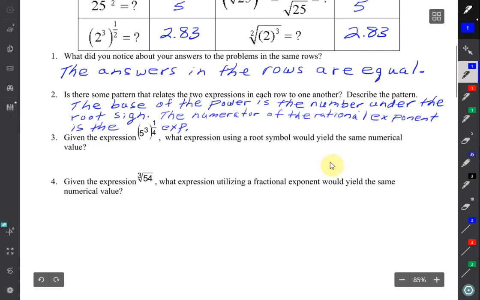I'm going to put a short form there on the number. The denominator is the root.